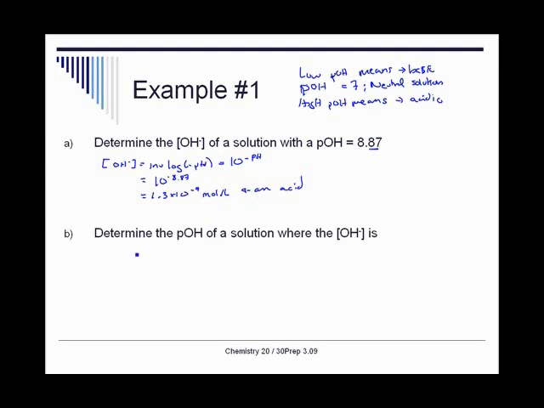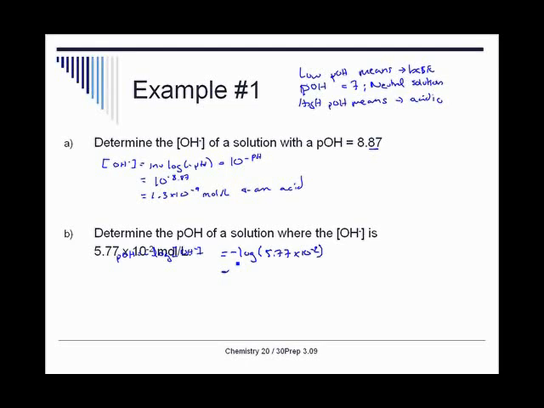So when we want to find pOH from the concentration of hydroxide ions, pOH is equal to the negative log of the concentration of hydroxide ions. We'll just get that number in there. Negative log of 5.77 times 10 to the negative 2 moles per liter.